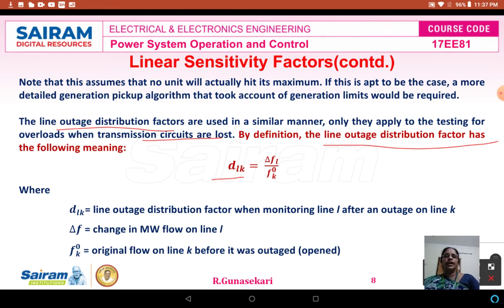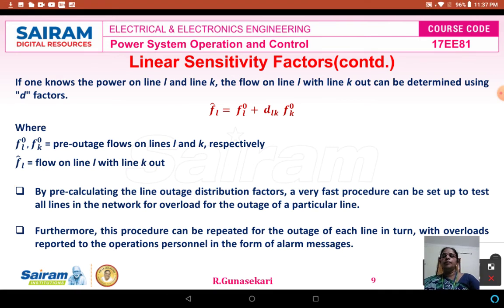Here L is the line being monitored and K is the line that is outaged. So D_LK is equal to del F_L divided by F naught K. In this formula, D_LK is the line outage distribution factor when monitoring line L after an outage on line K. Del F_L is the change in megawatt flow on line L, and F naught K is the original flow on line K before it was outaged, that means opened.